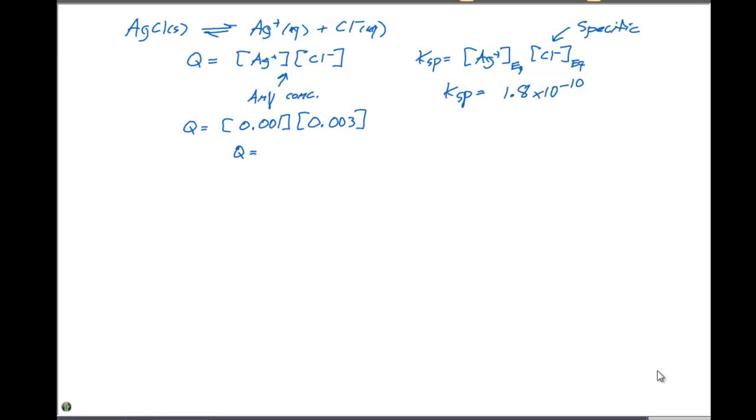And if we calculate this, we get 3 times 10 to the minus 6th for our Q. If we compare the Q versus the KSP, we see that the Q is greater than the KSP. And the conclusion that we can make right here is that a precipitate will form.